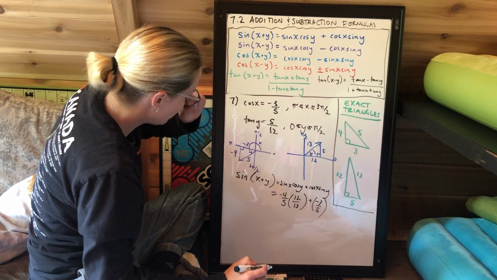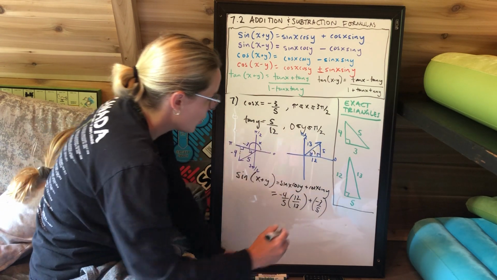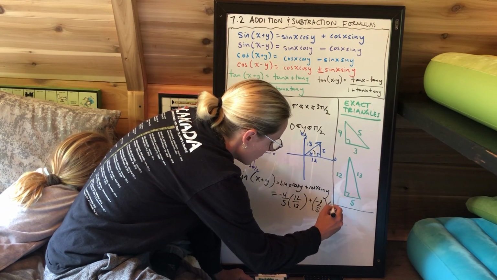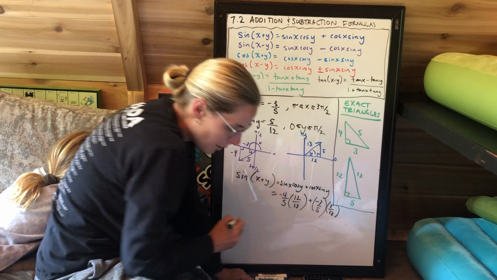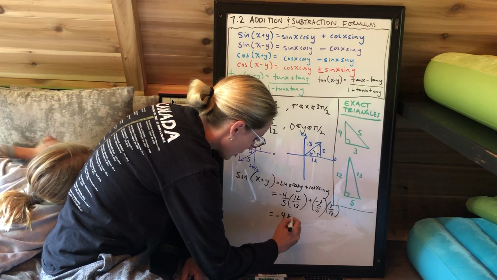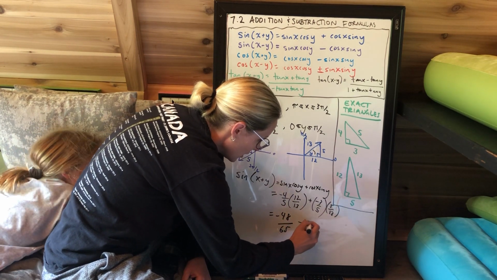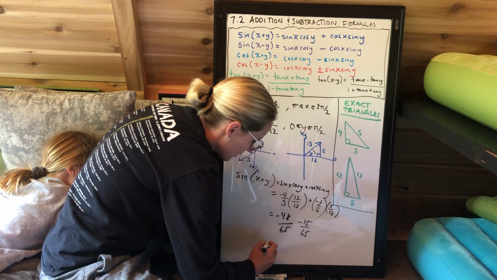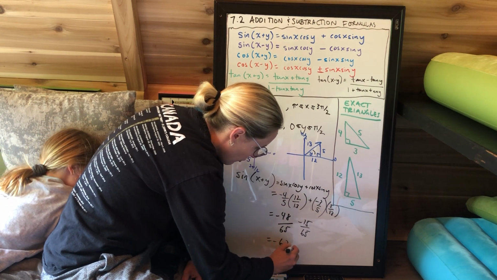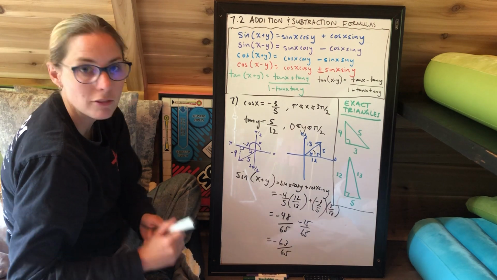Sine of y is opposite over hypotenuse, 5/13. Then when we multiply these all together, we get -48/65 minus 15/65, for a final answer of -63/65.